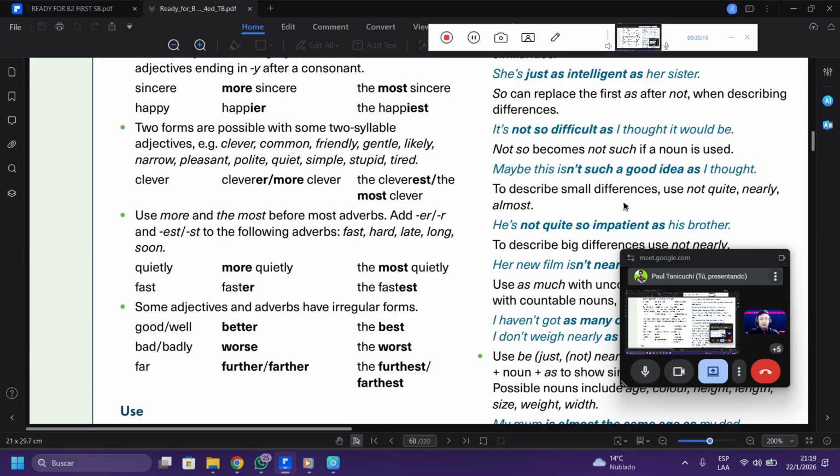It could be this store isn't such expensive as I thought. Such expensive as I thought. Yes. Next. Who wants to give it a go?